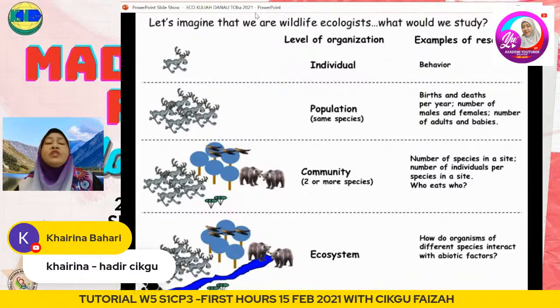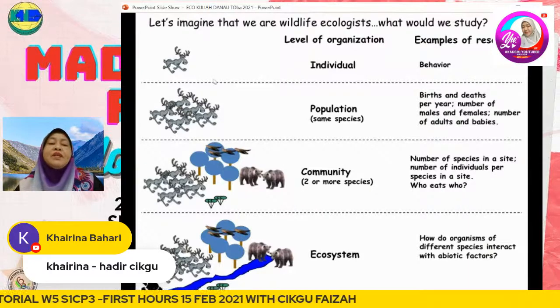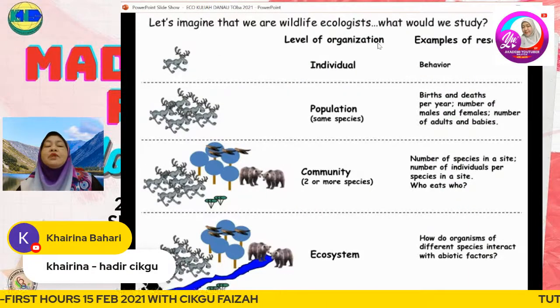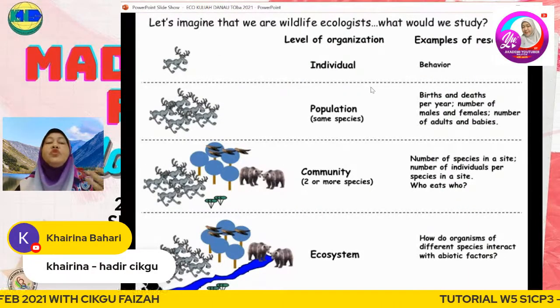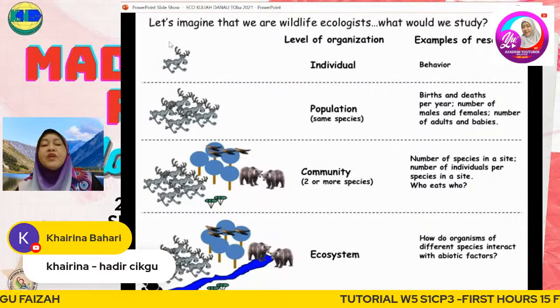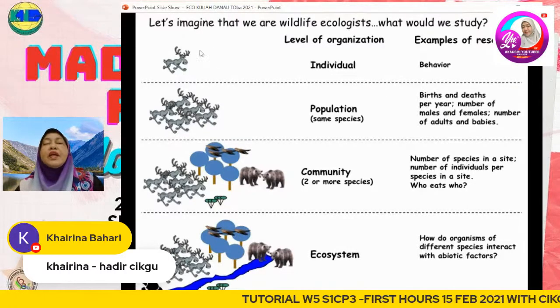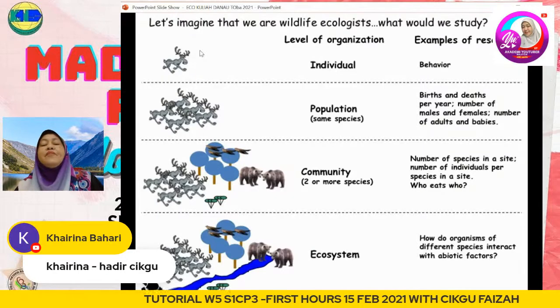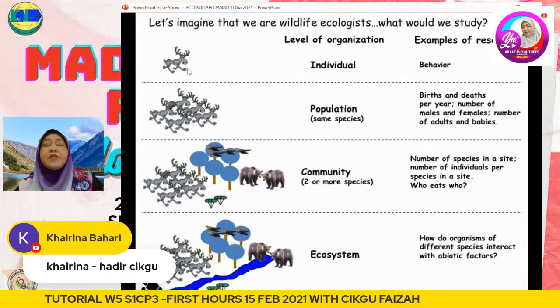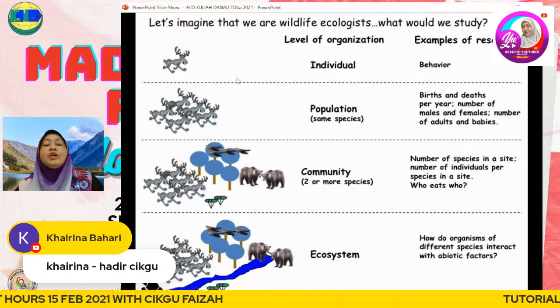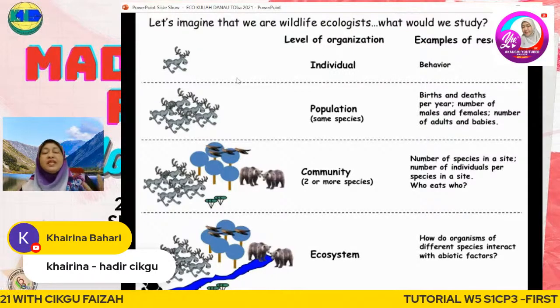And what ecology study? Okay, ini siapa minat kelas ecology with together with zoologists, they study the behavior of individual. Okay, kalau you ambil animal, you become a zoologist. Kalau you ambil pokok, you become a botanist, right?